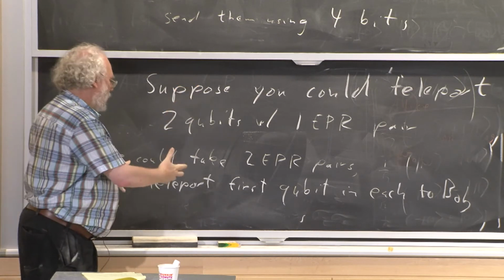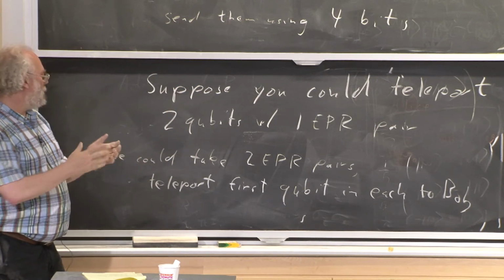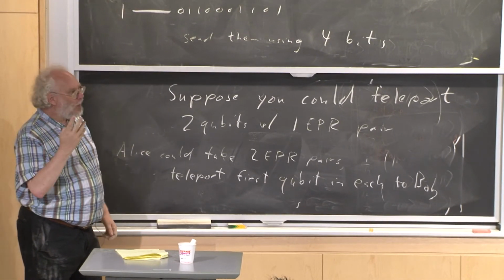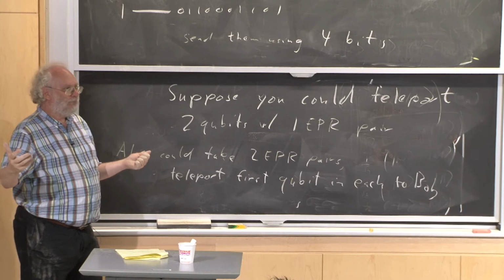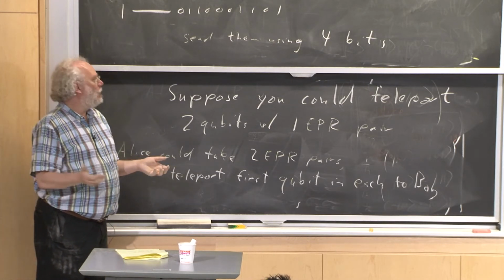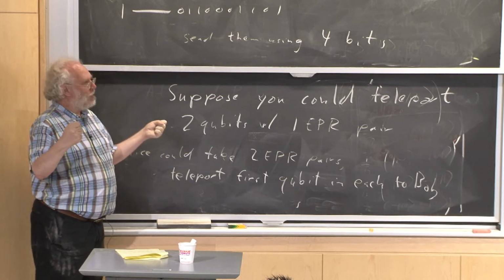So then Alice could take 4 EPR pairs, and with her 2 EPR pairs, she could teleport the first qubit in each of these 4 EPR pairs to Bob. And then Alice has destroyed her 2 EPR pairs, but now Alice and Bob have 4 EPR pairs.